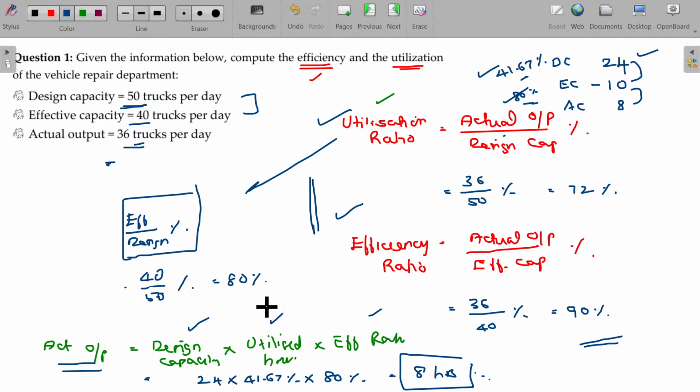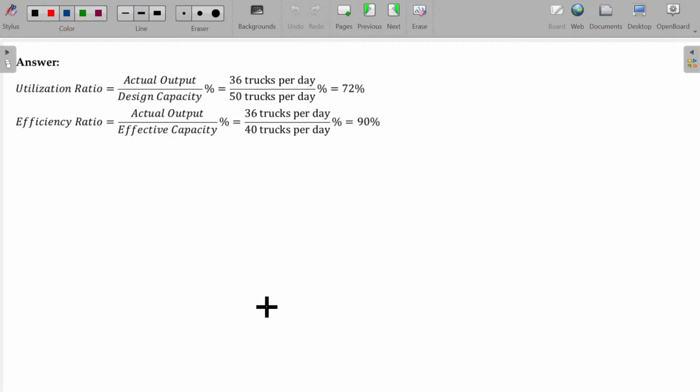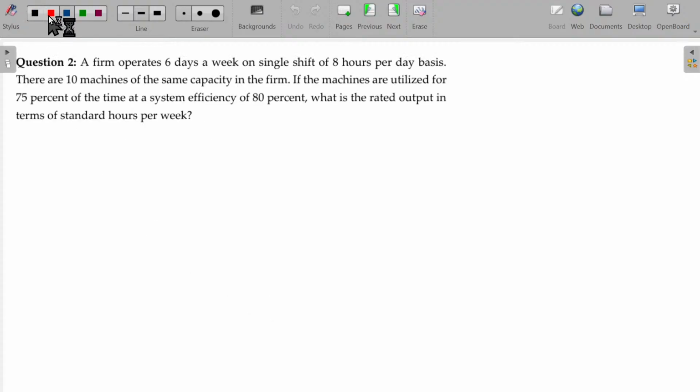Now, question number 2. A firm operates 6 days a week on a single shift of 8 hours. So, design capacity: how much is that? 6 days of 8 hours each, that's 48 hours.